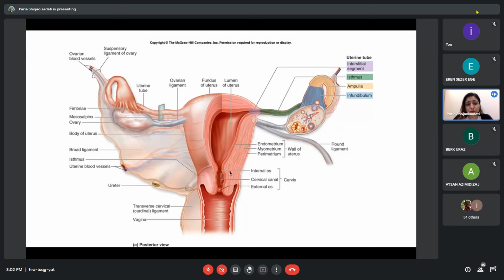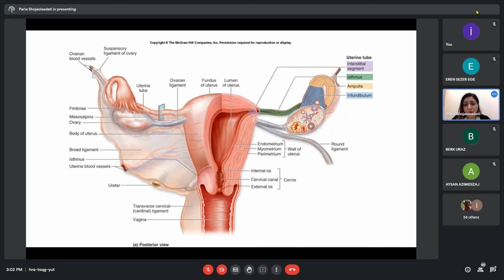Let's take a look at the parts again. As I mentioned before, this part is the interstitial segment. In some references, it is named the intramural part.